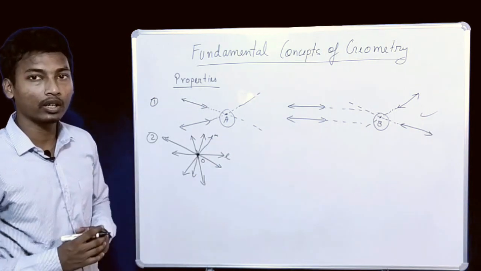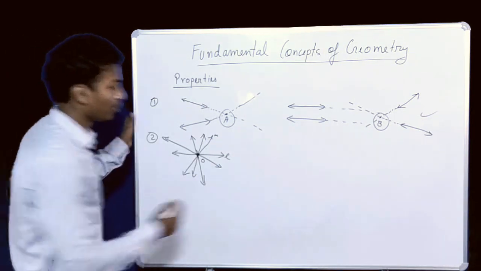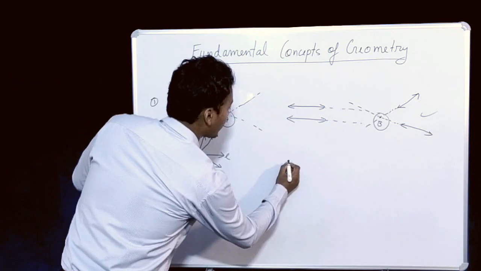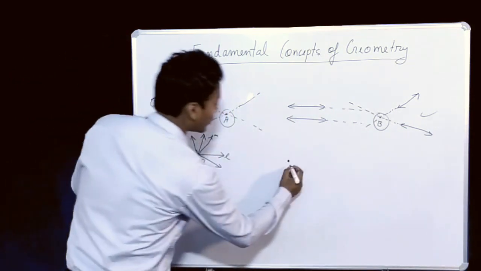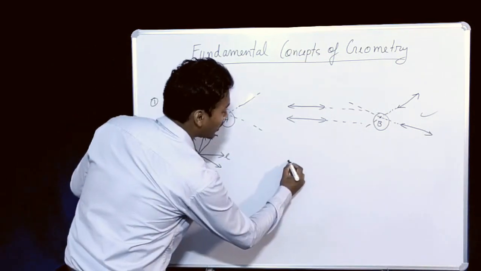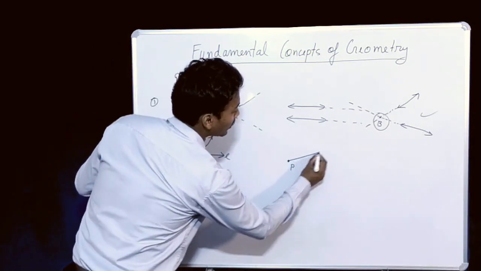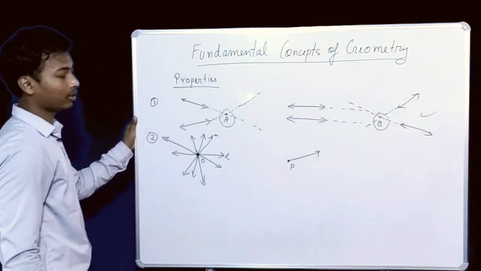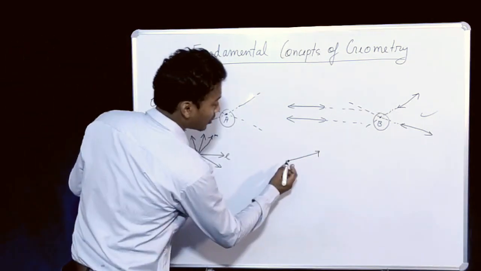Now what if we take a ray from a point? It goes the same for the ray. So if we take a point P, and in a ray we have a starting point, right? So let's make P the starting point and let the ray go on one side or one direction.